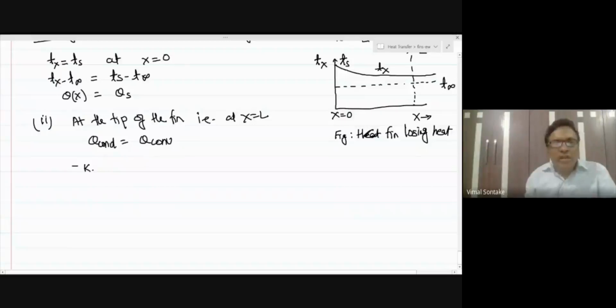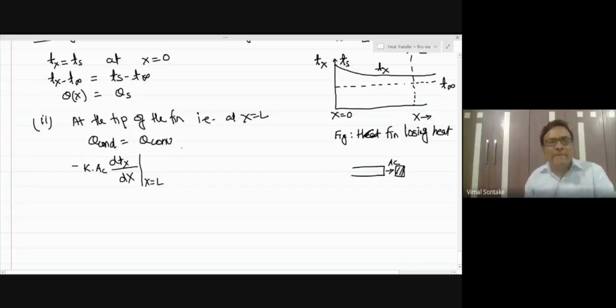What will be the area normal to heat transfer? If this is the fin and this is its cross section area, for the time being I am taking it as rectangular. So the area normal to heat transfer will be the cross sectional area, times the temperature variation dTx over dx, and this entire rate of heat transfer I am considering at x equal to L. So this is the rate of heat conduction into the fin at the tip.